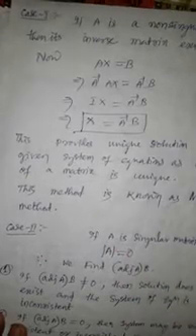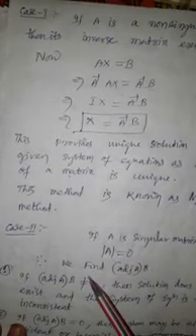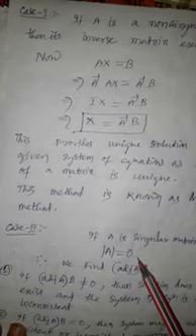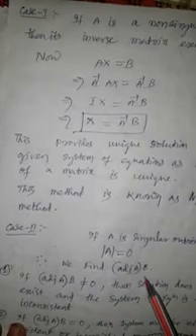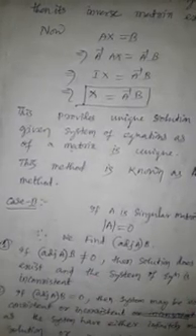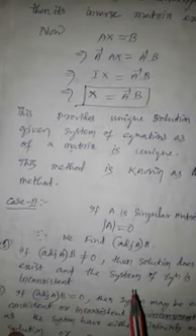Now case 2. If A is a singular matrix, then determinant of A is equal to 0. That means the inverse does not exist. So we can find adjoint of A times B. If adjoint of A times B is not equal to 0, then the solution does not exist, and the system of equations is called inconsistent.